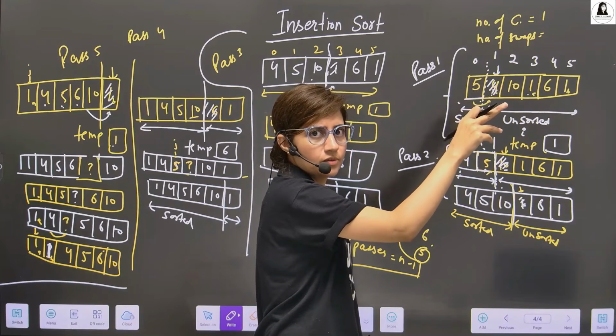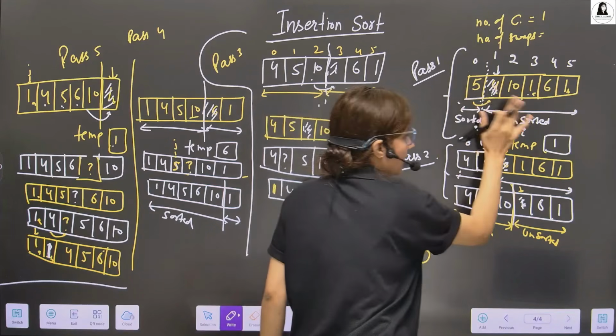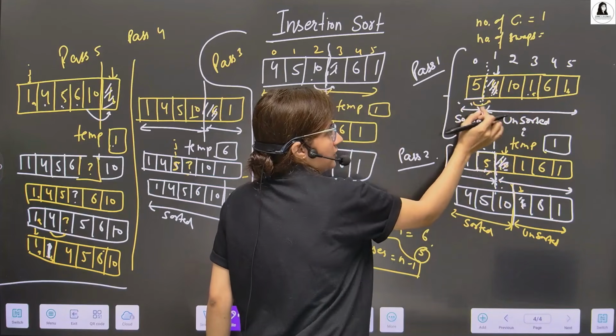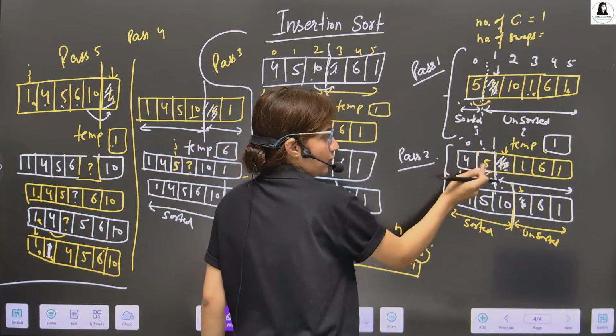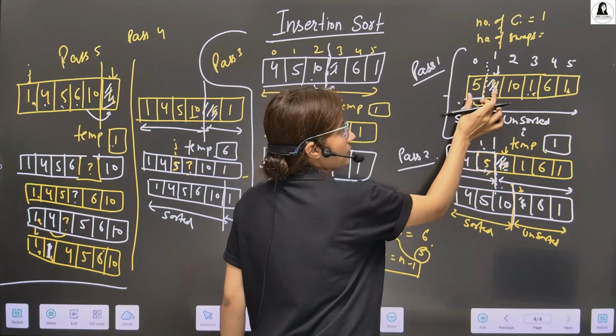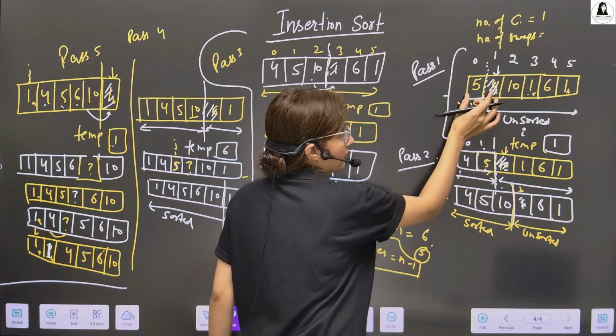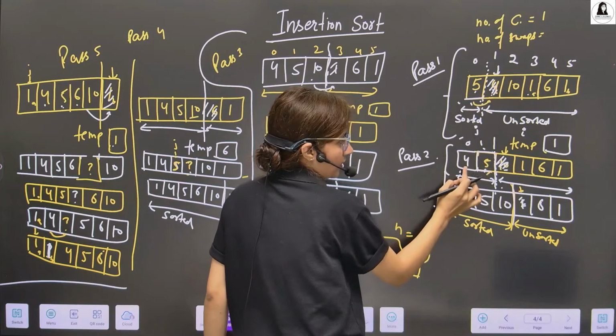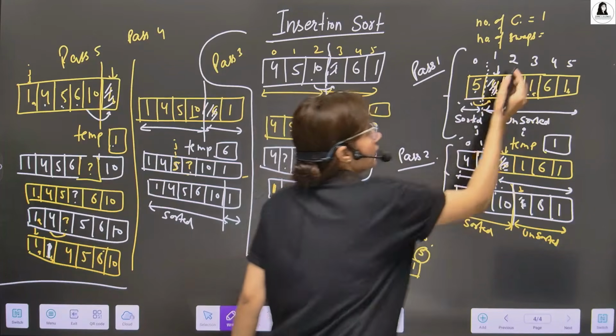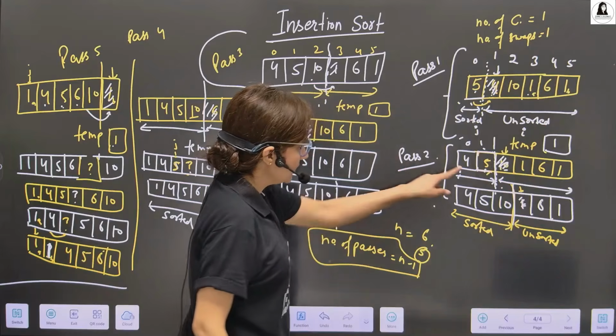Or the shift, just 1. Ultimately we are shifting and then putting this 4 here, but actually we are just swapping. After sorting this, 5 would be here, 4 would be here. So we are actually swapping only. The number of swaps is also 1.